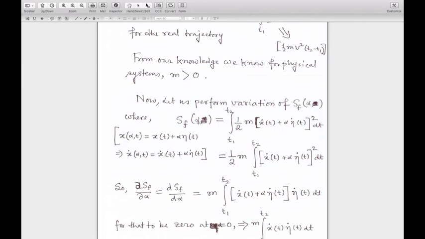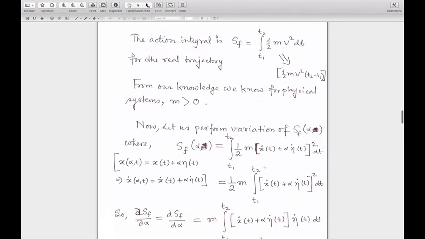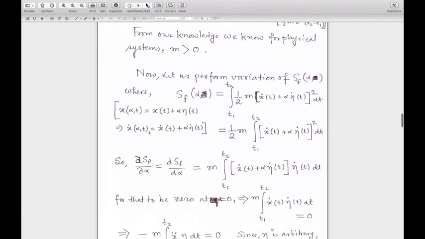That means we have to take recourse to this second parameter, the smallness parameter alpha, and we write an arbitrary x dot as the proper x dot on the real trajectory plus alpha times some eta dot of t, where eta of t is another function of t, if you remember, because t is the intrinsic independent variable.